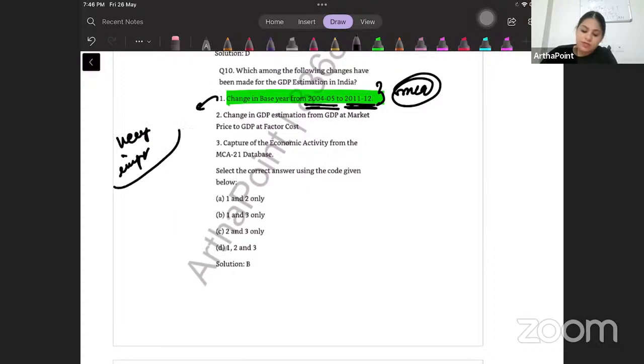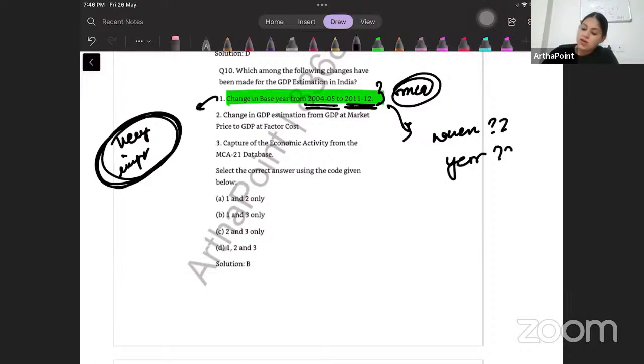Yes, this is a correct statement. Question for you: you will tell me when the base year was changed, which year? Search and tell me. Change in GDP estimation from GDP at market price to GDP at factor cost? No, that has not happened. We are still doing it at market price.